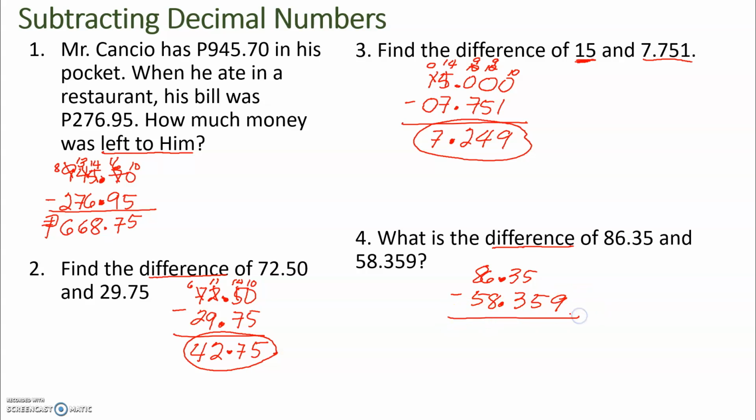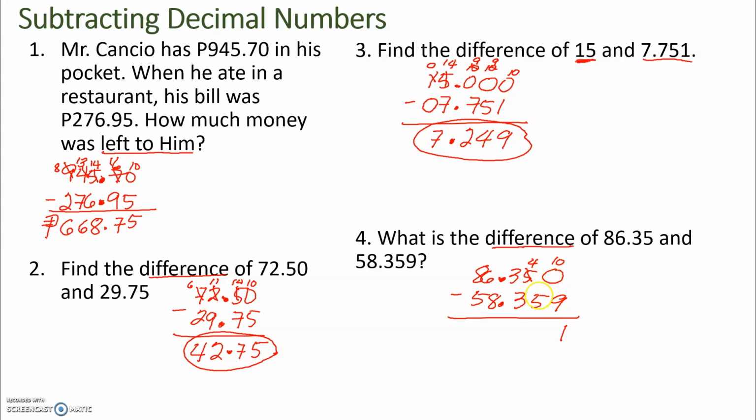Okay, so proceed to subtraction now. So this is the alignment, decimal, 3 and 3, 5 and 5. So para may kahilera yung 9, we can put 0 here. So proceed. 0 minus 9 cannot be. We will borrow from 5. 5 becomes 4. And then the 0 here becomes 10. 10 minus 9 equals 1.